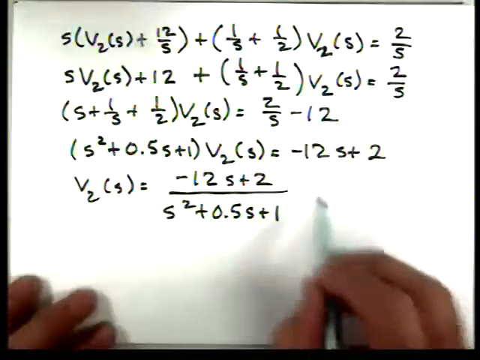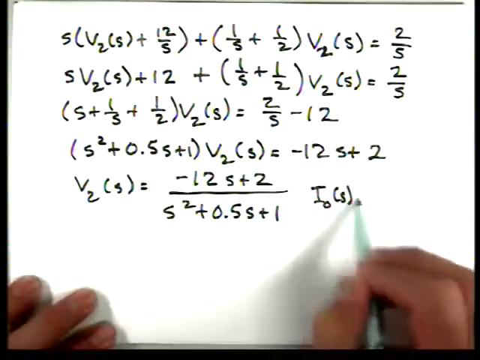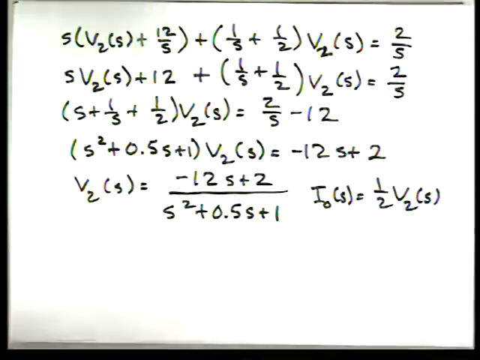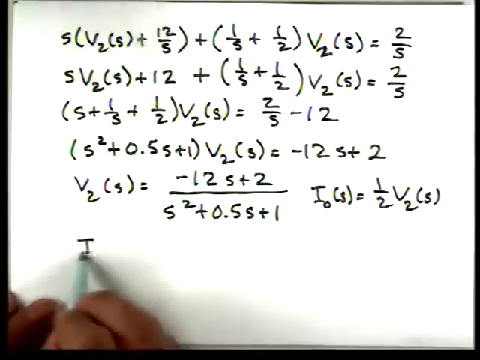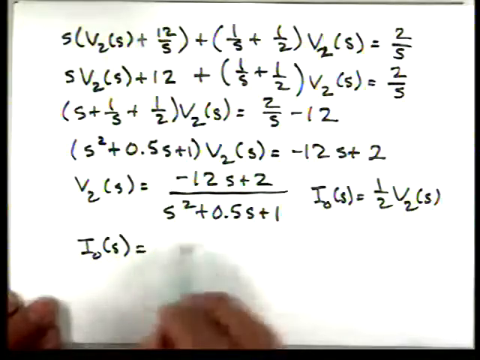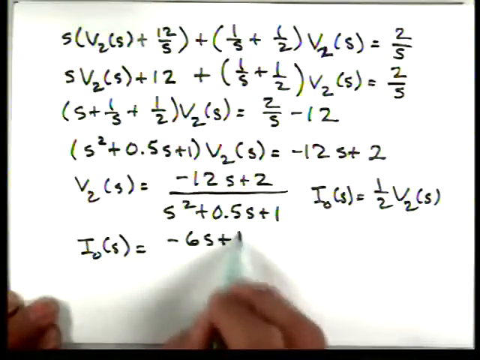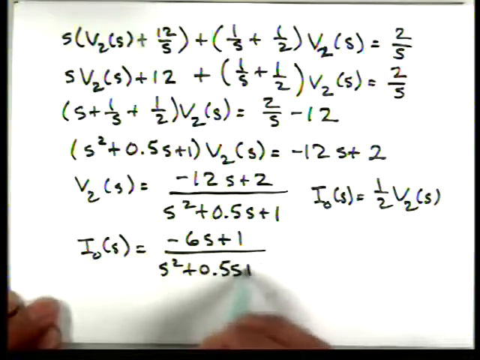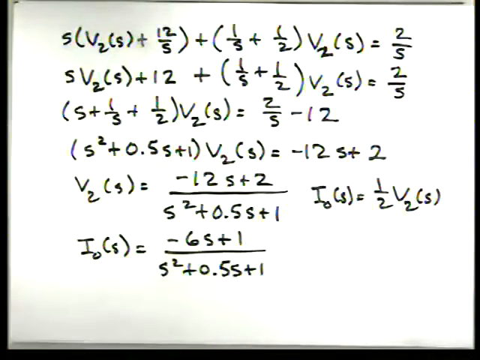And if you remember, I0 is 1/2 V2 of S, so then I0 of S is minus 6S plus 1 over S squared plus 0.5S plus 1. So now there's an expression for I0. So now we need to do the inverse Laplace transform.